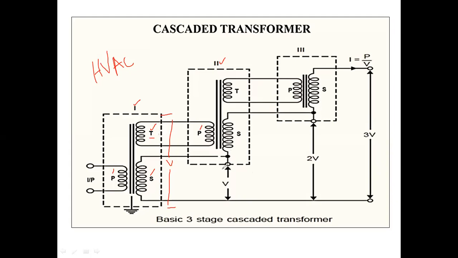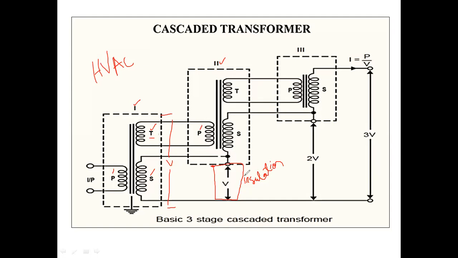We won't allow this voltage to be grounded. For this purpose we will place some insulator over here, so that the V voltage obtained from the secondary winding of the transformer T1 will not be lost.